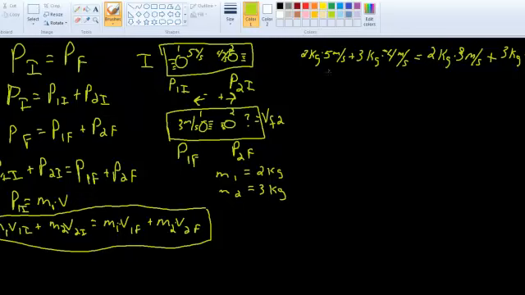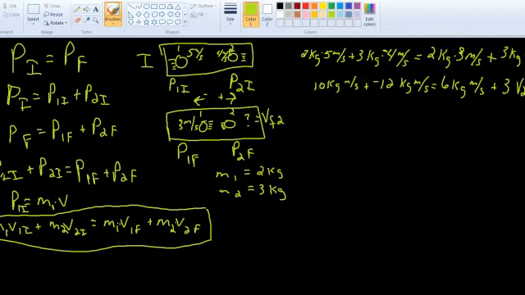Okay. So we have 2 times 5 is 10 kilogram meters per second, plus 3 times negative 4, negative 12 kilogram meters per second, equals 2 times 3, 6 kilogram meters per second, plus 3 times V2F kilograms.